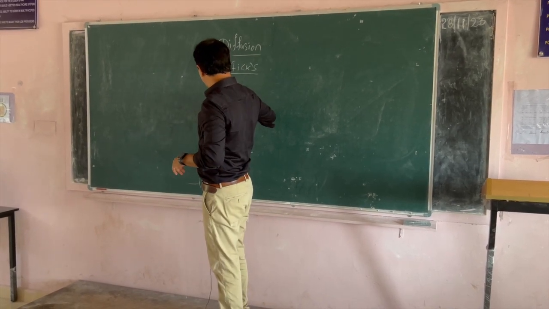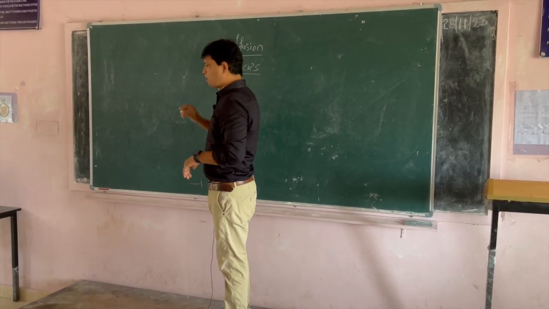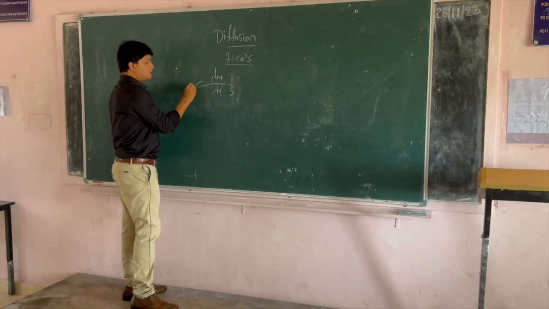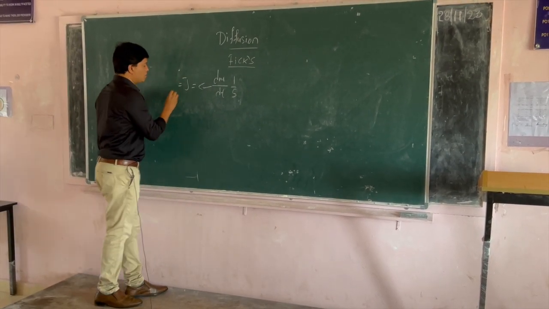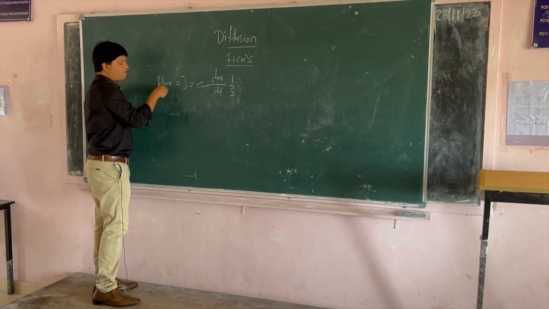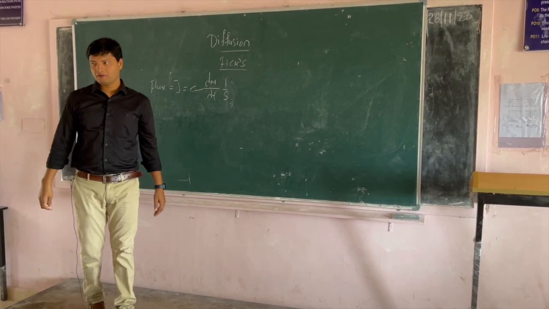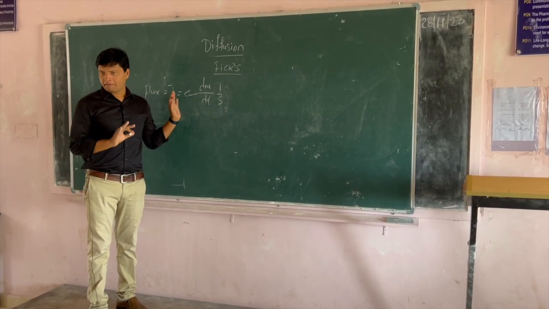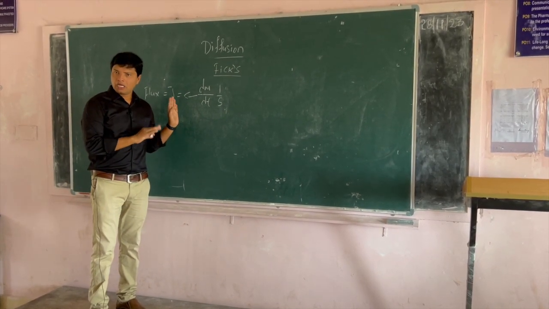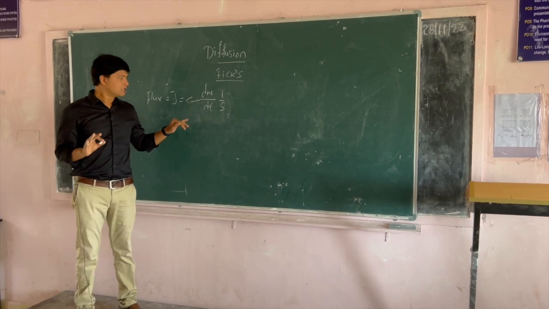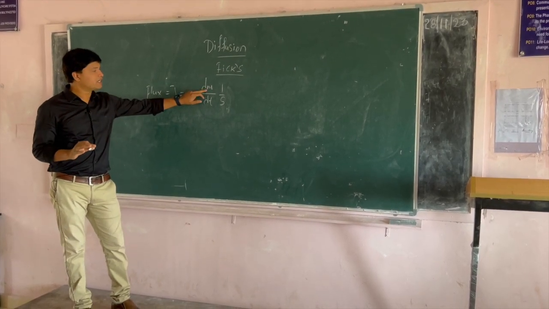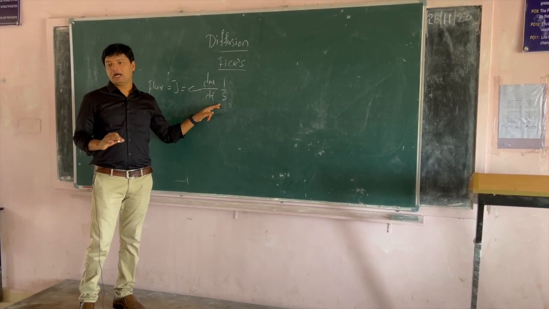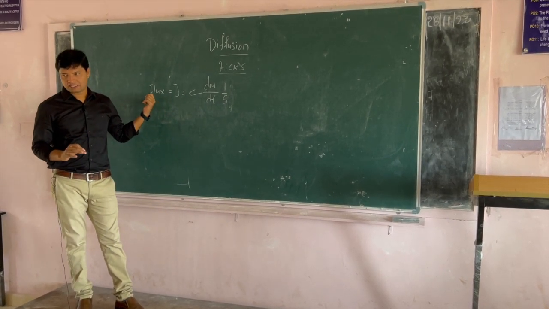So I need to keep 1 by S. This is called J, which is known as flux. So rate of movement, no need to learn by heart. If you listen to this carefully, you will remember it. Rate of change of mass per unit surface area is called flux.